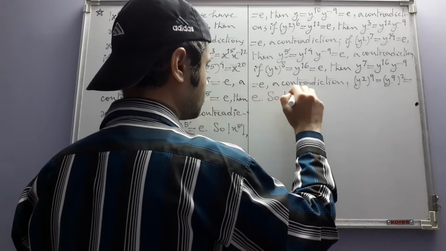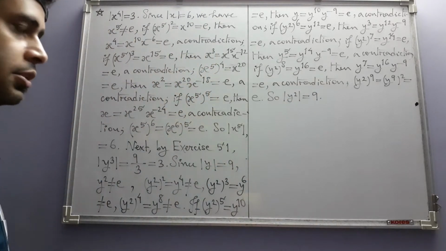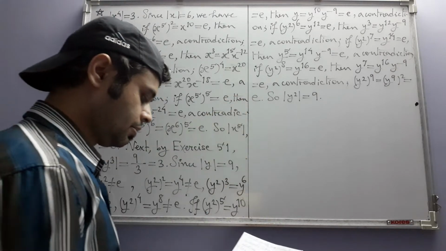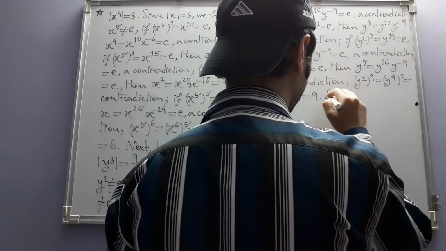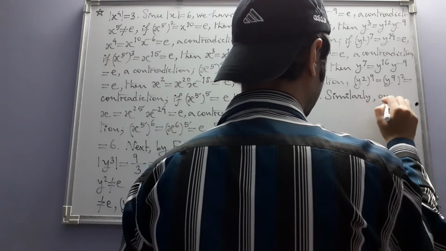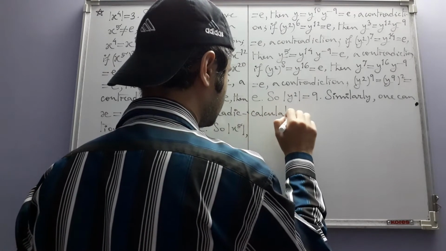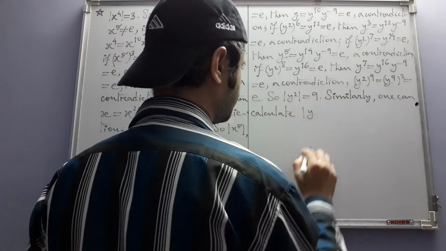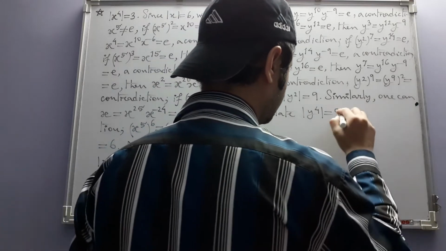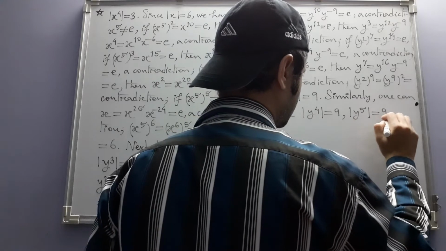So the order of y squared is 9. Similarly, one can prove, I am not going to calculate all the other things, one can prove these things. Similarly, one can calculate this also turns out to be equal to 9, that also turns out to be equal to 9.